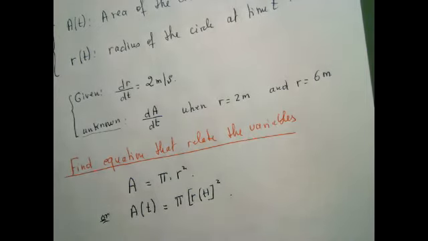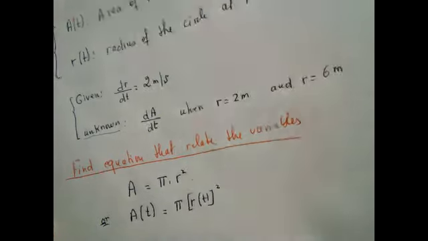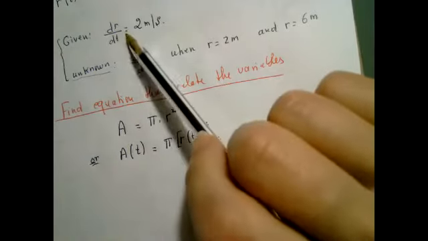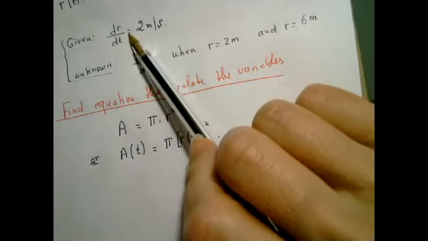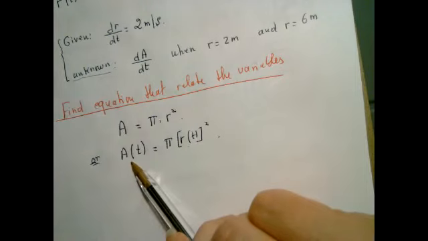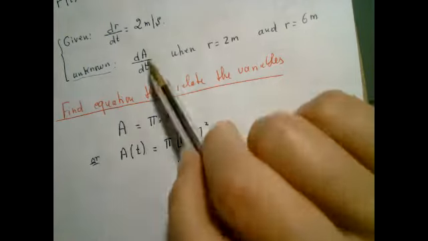Now, what we actually want is a relation between their derivatives, because I have info about the derivative of r, how fast this one changed. I want to know how fast this one changed. So I have to get to the derivative because that's really what I care about.